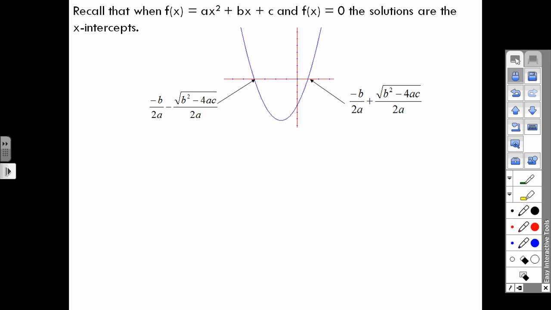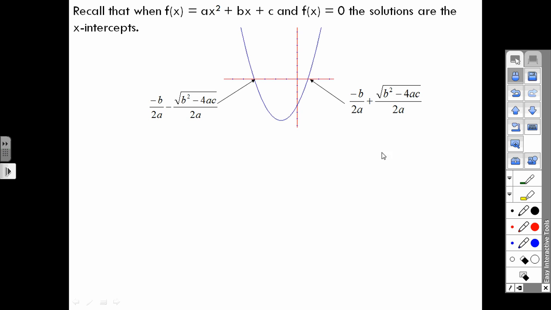In general, each of these x-intercepts are solutions from the quadratic formula. Here's one, and I've broken it up like this on purpose: negative b over 2a minus this whole quantity, and then negative b over 2a plus this whole quantity.